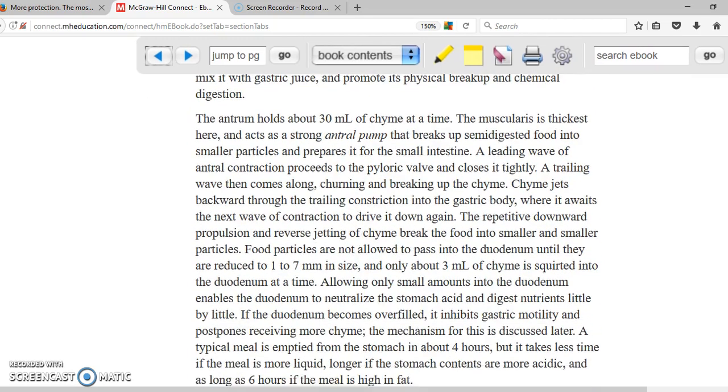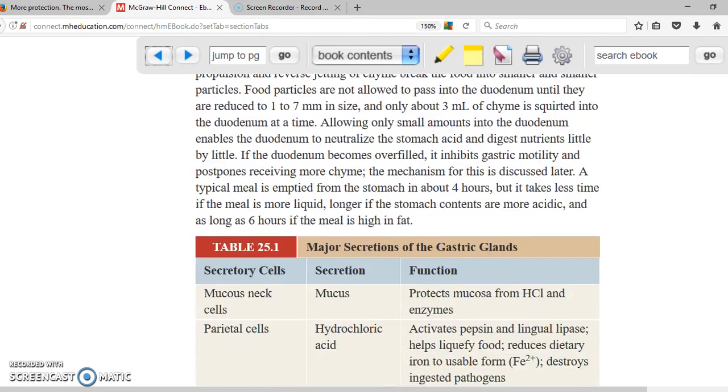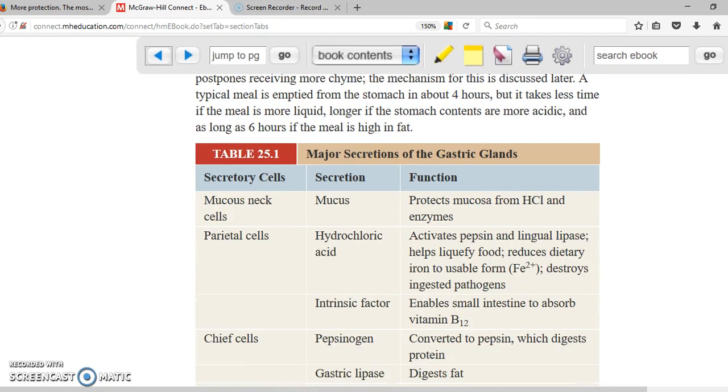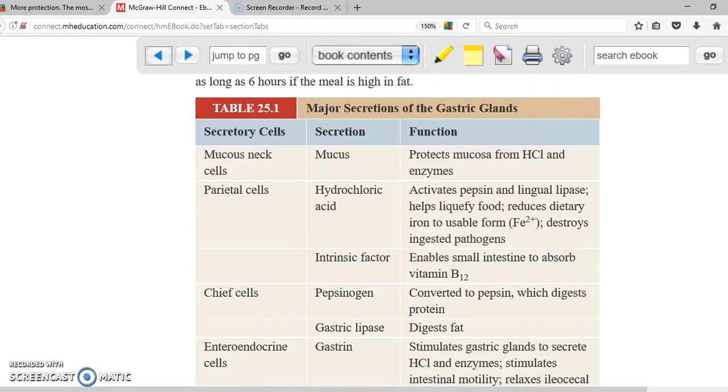Only little amounts of food go into the duodenum, so the duodenum in your small intestine is able to neutralize the acidity that the food is going to have from the acid, and then allow the food to be digested by the pancreatic enzymes. So this process of pumping the food from the stomach to the small intestine takes approximately 4 hours.